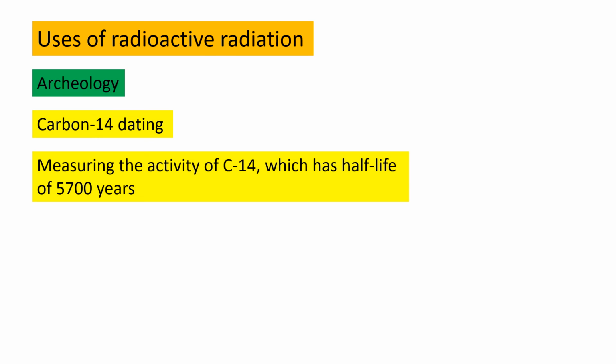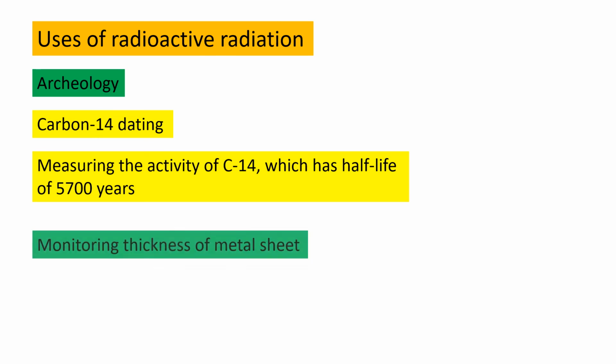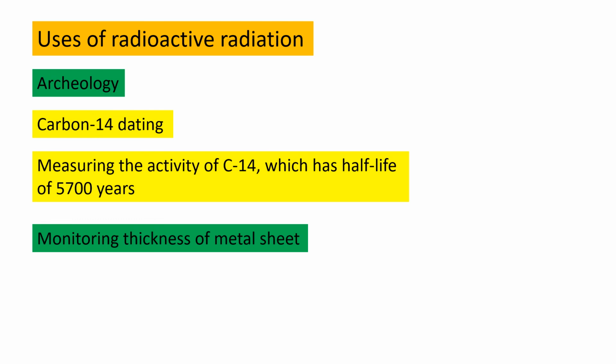So by measuring the activity of carbon-14 in, say, a dinosaur, how much of the carbon-14 is left, say we dug up a dinosaur, how do we know that the dinosaur existed billions of years ago? Well, you just look at how much of the carbon-14 is left. That should tell you how long it has been around.